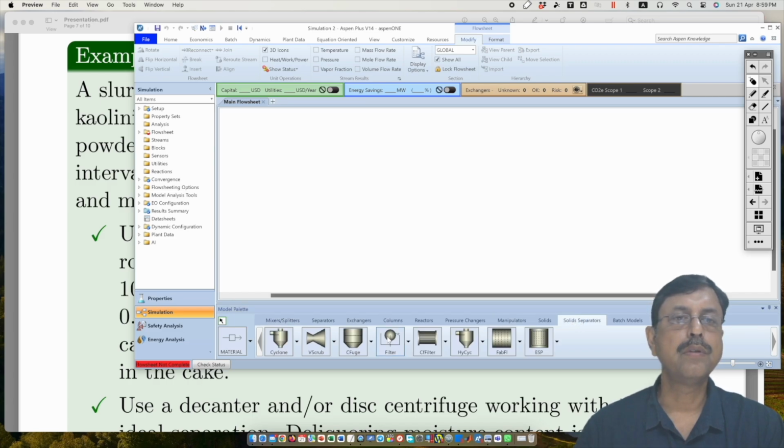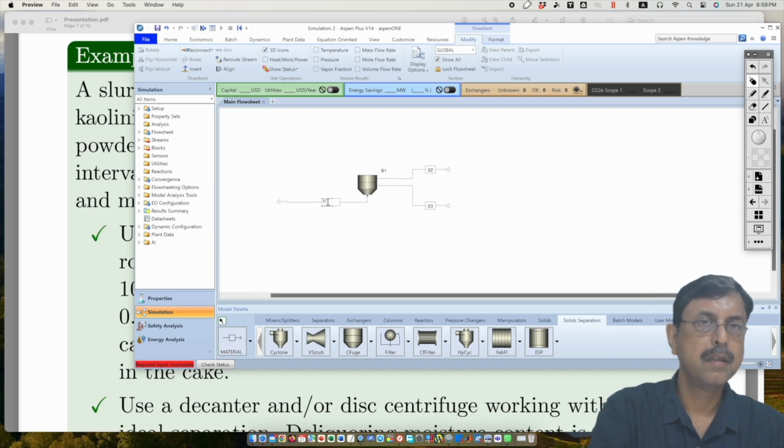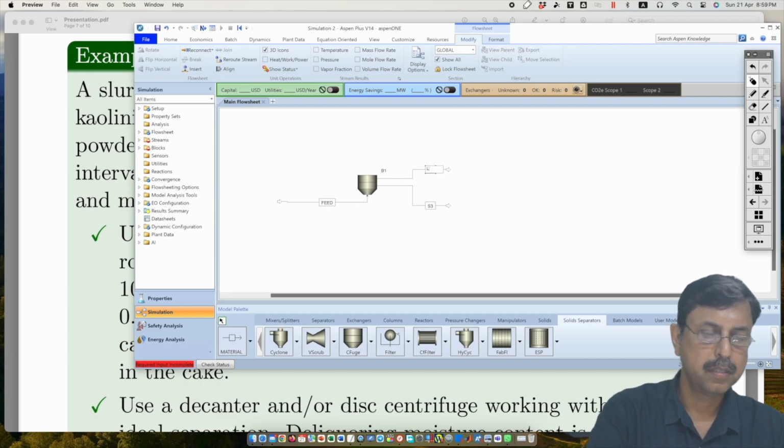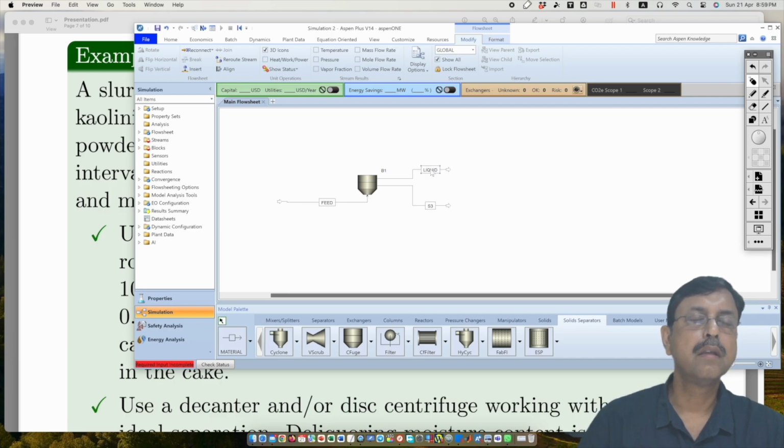We have to take this centrifuge over here. Material streams: this is feed, this is liquid, this is solid. Again, rename them: feed, liquid, and solid.